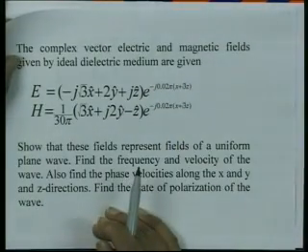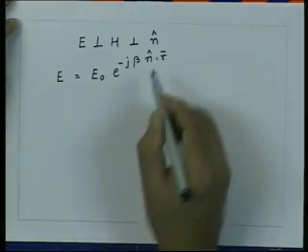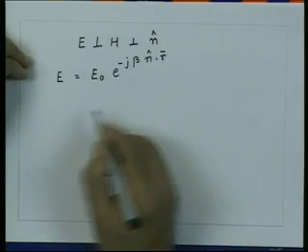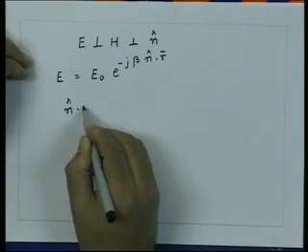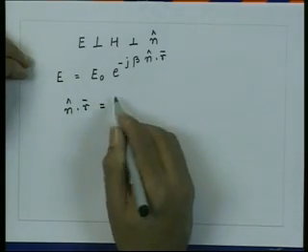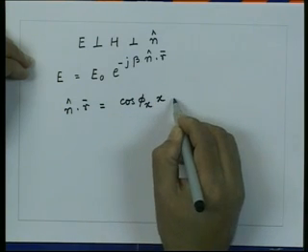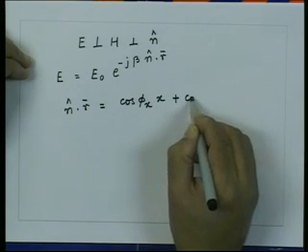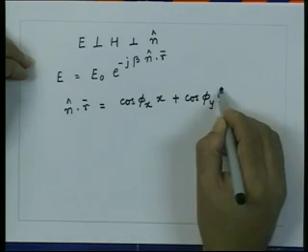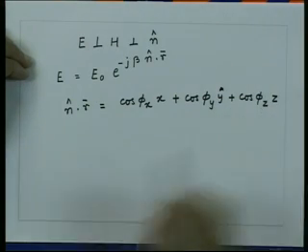Here, n dot r, as we know, is cosine of phi x into x plus cosine of phi y into y plus cosine of phi z into z.